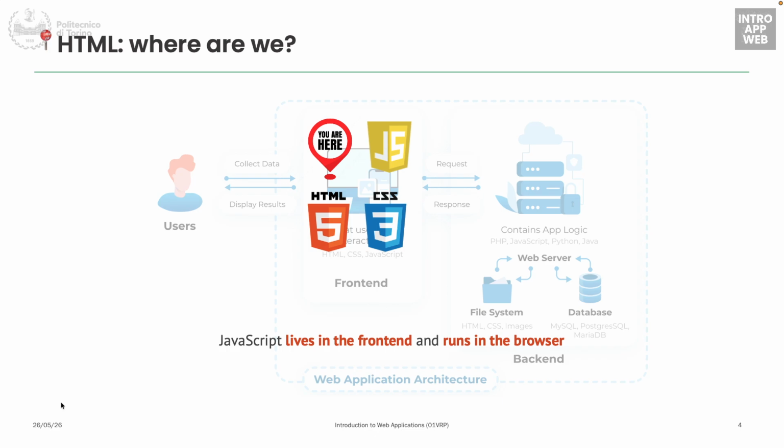Have you ever used JavaScript for something before? What for? No, I'm asking if in the past you have used JavaScript and for what? For a web page. Okay, and what did you implement with JavaScript?